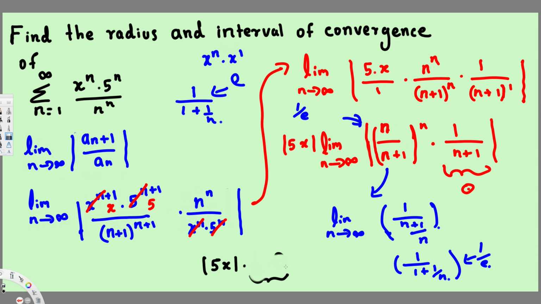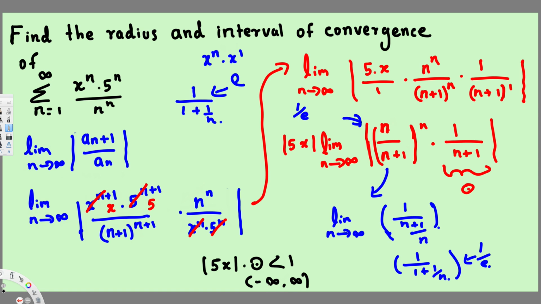So this is 5x times 0, which is less than 1, right? And no matter what value you plug in for x, you will always get 0. So anything is possible. So the interval of convergence is going to be negative infinity to positive infinity, all the real numbers, right? So that's going to be the interval of convergence.